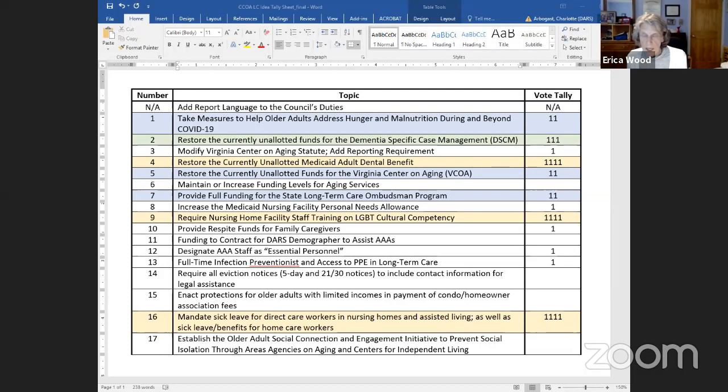I might ask David to say a word about that, because I know that he's been working on this item for many years. And I also know that there's a sick leave bill that's going to be introduced by Barbara Favola on the Senate side and Delegate Guzman on the House side.